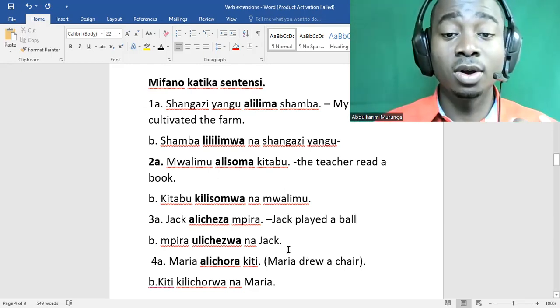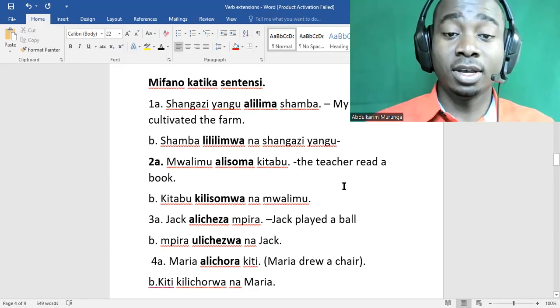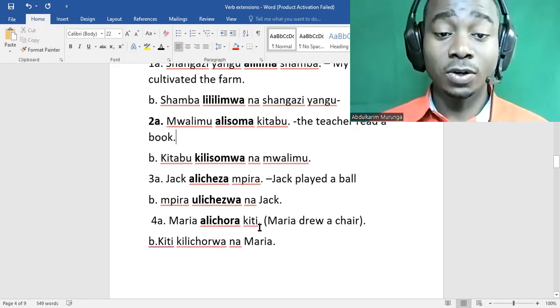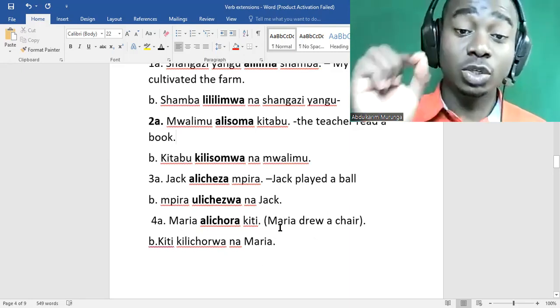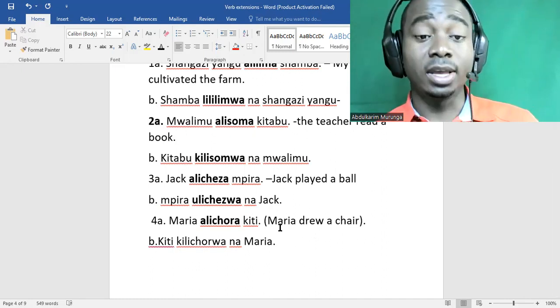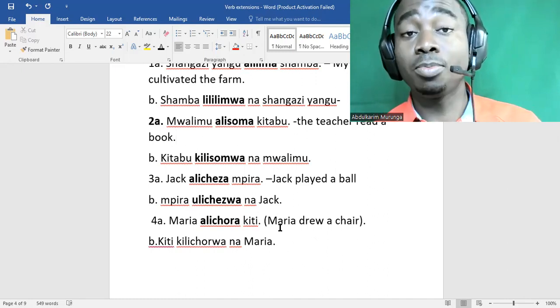So the ball was played by Jack. The fourth one, Maria alichora kiti. Maria drew a chair. Then we say kiti kilichorwa na Maria. The chair was drawn by Maria.